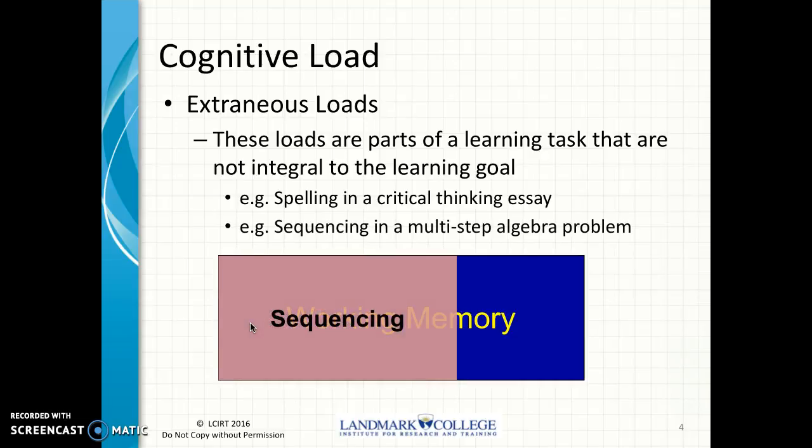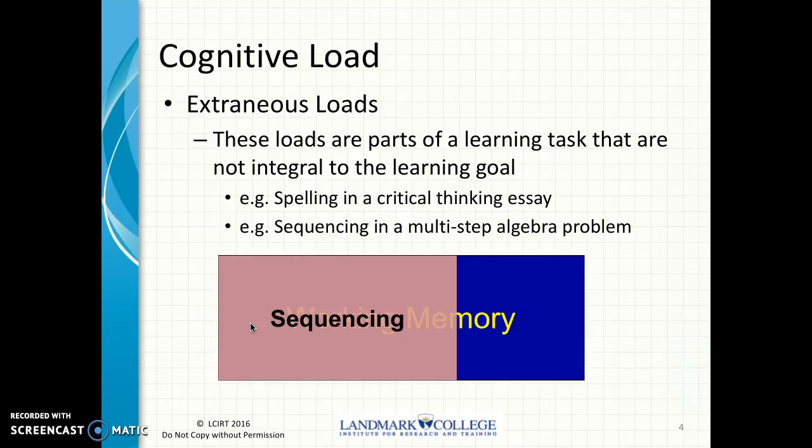Another potential extraneous load might be something like sequencing in a multi-step algebra problem. If our learning goal is algebraic thinking, sequencing is certainly part of what you need to do to solve it, but it's not a core element of what we want taught.